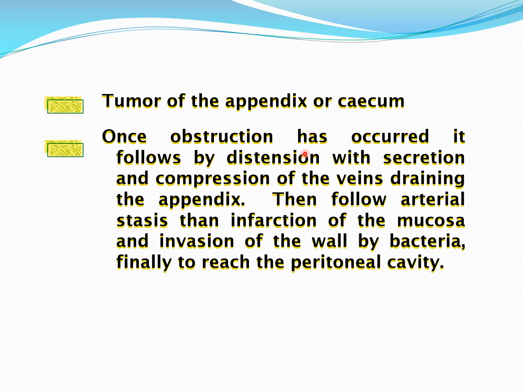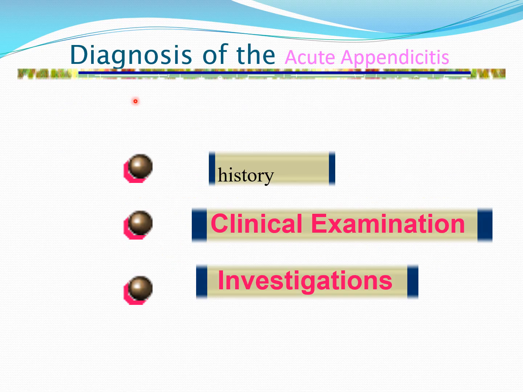Once obstruction has occurred, it is followed by distension with secretion and compression of the veins draining the appendix. Then follows arterial stasis, then infection of the mucosa and invasion of the wall by bacteria, finally reaching the peritoneal cavity. So these are the clinical conditions of appendicitis.